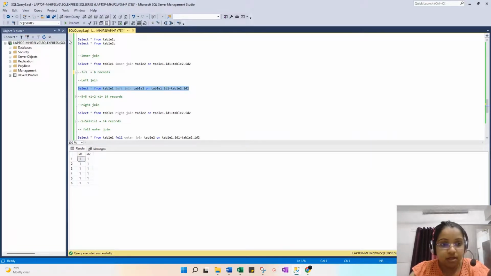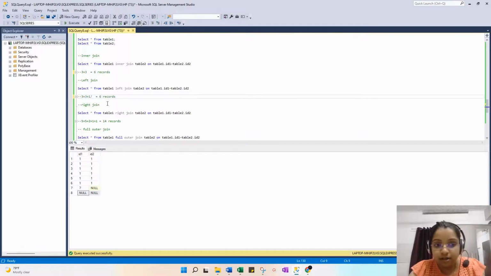Okay, so here you can see 7 plus null. Here you can see the null value. Total 8 records: 6 records plus 1 plus null, so that means 8 records.